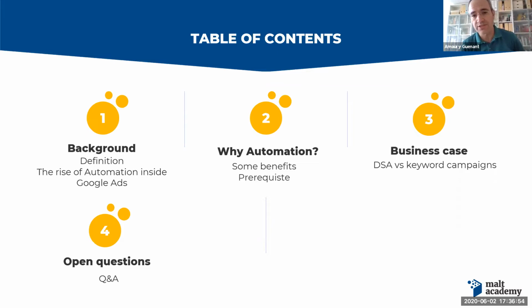Then we'll move on to the business case, where we'll see a fully automated campaign format, the DSA campaign, dynamic search ads, versus a normal static keyword campaign. And then we'll leave it to open questions. If you have any questions, or want to challenge my position, because I'm very pro automation, but maybe you have a different experience to share, that's perfectly welcome.